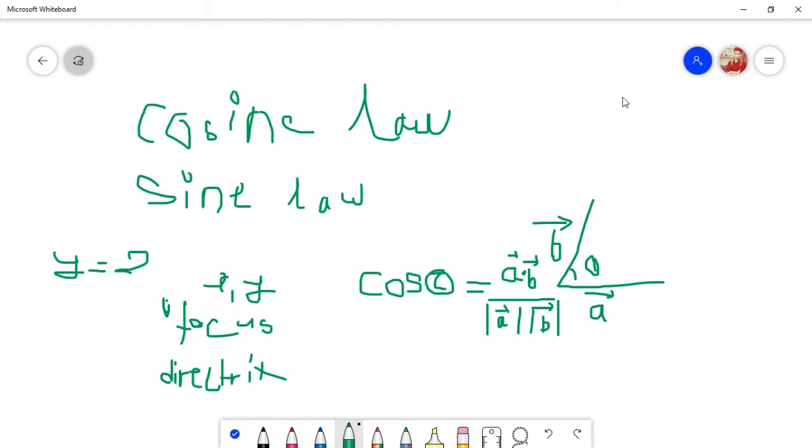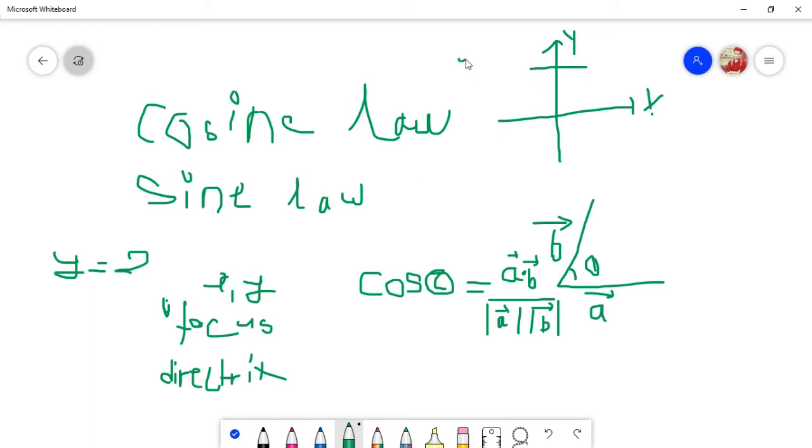So by this, if I draw a picture, this is the y-axis, this is the x-axis. Let it be x and this be y. Since y is equal to 2 is the directrix, the directrix should lie on the positive y-axis.